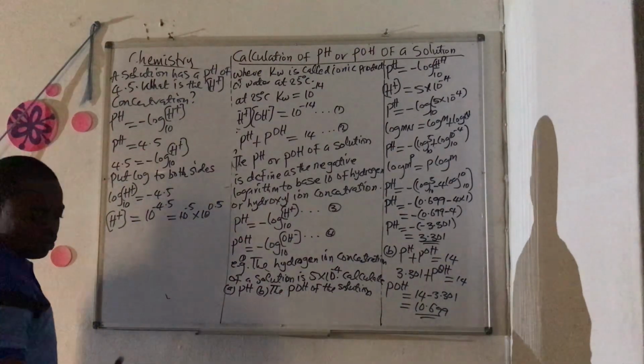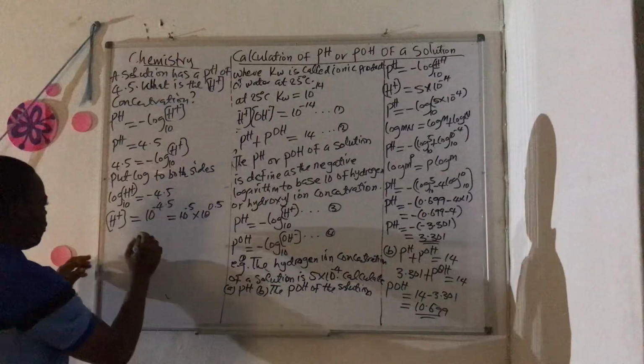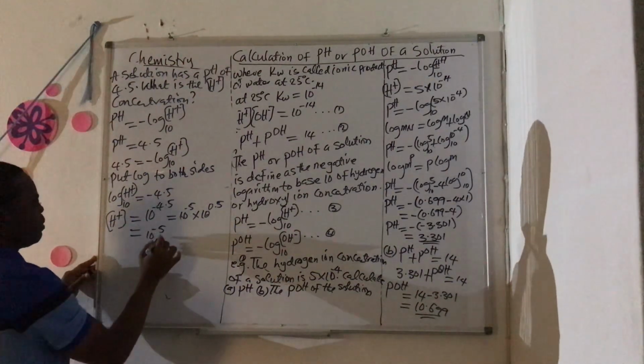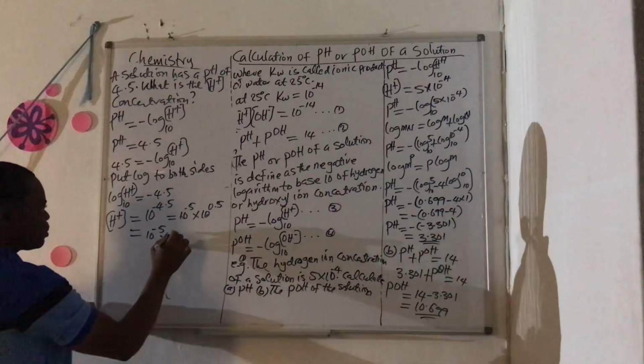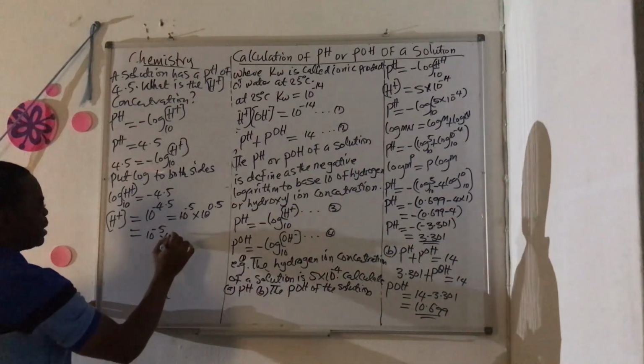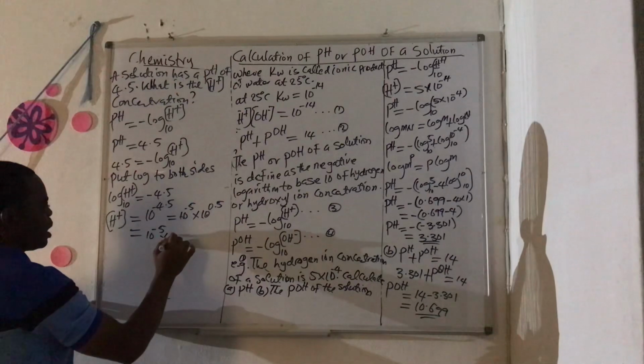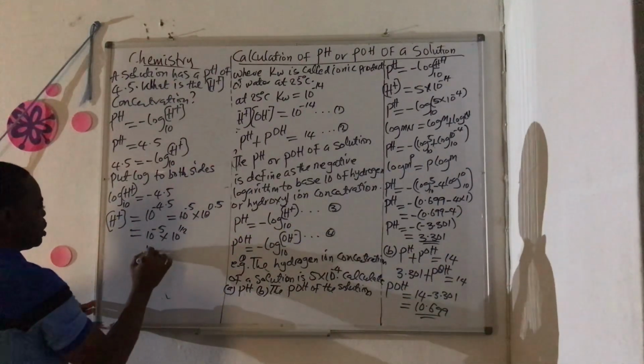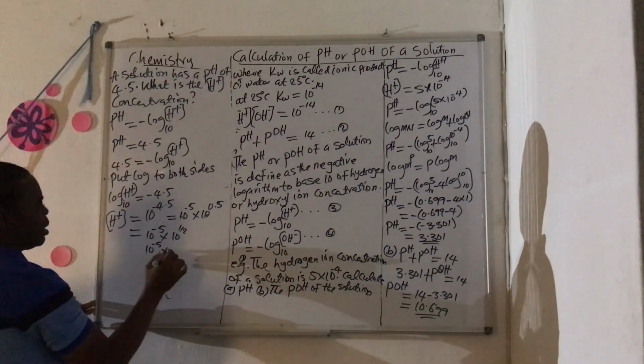If you use your calculator, this expression means 10 raised to power minus 5 times the square root of 10, because 10 raised to power 0.5 means 1 over 2, the square root.